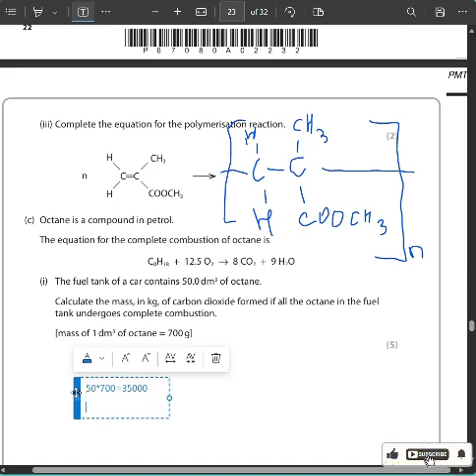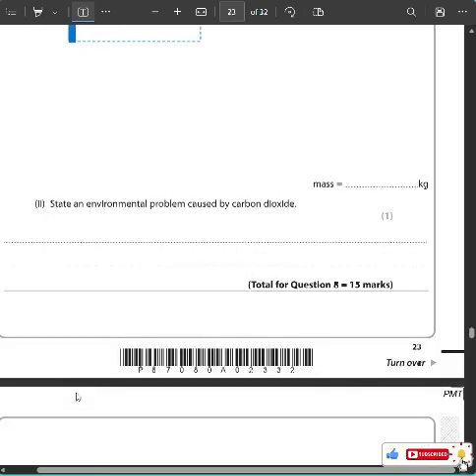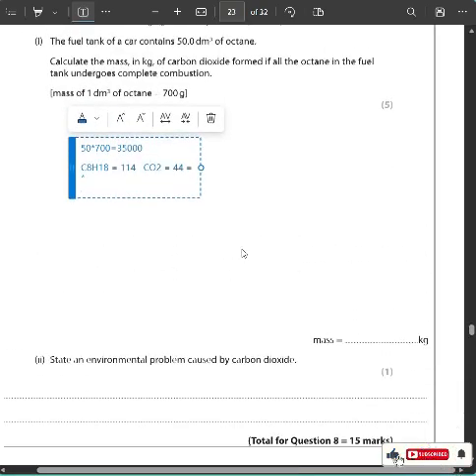The mass of C8H18 is 114, and the mass of CO2 is 44 grams per mole; we multiply 8 by 44, and the answer is 352 grams.